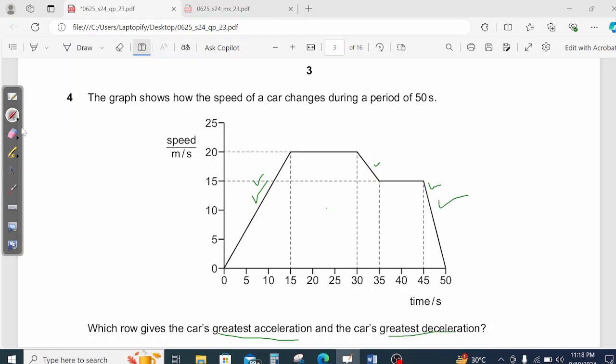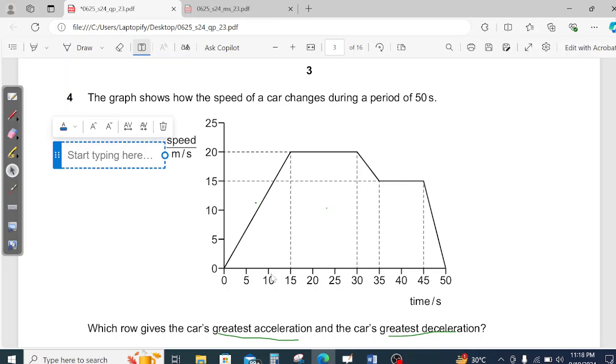Okay, so you have to find out the gradient, then you can easily find out your answer. Okay, so I will solve it here. For greatest acceleration, you have to select 2 points here. I have selected 2 points of the curve, this one and this one. So move vertically downward and then horizontal, it becomes a right triangle.